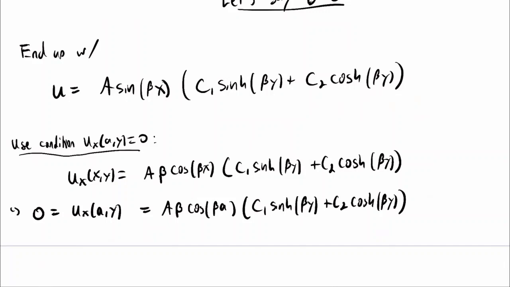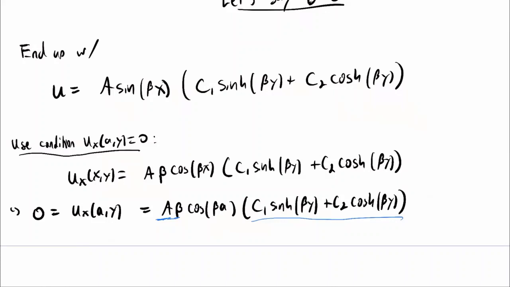Well, now I can certainly choose y so that this term involving the y component of the solution is non-zero. And I can assume that this constant a here is also non-zero, or else my solution is just the trivial solution, and I can assume the same for beta.